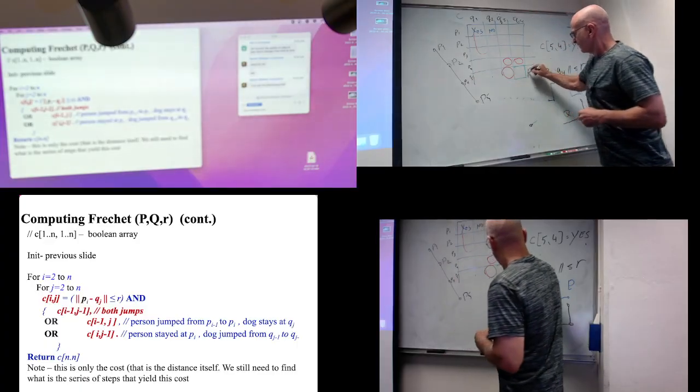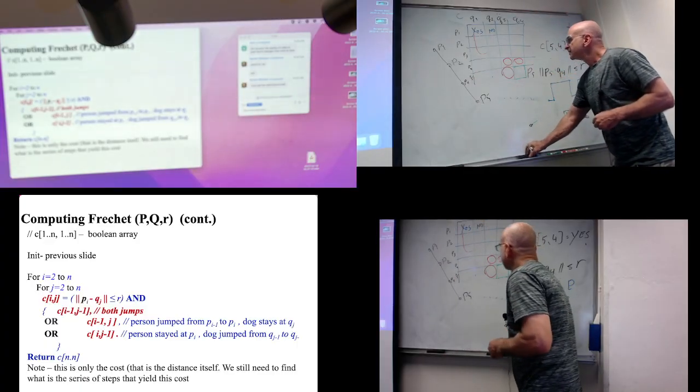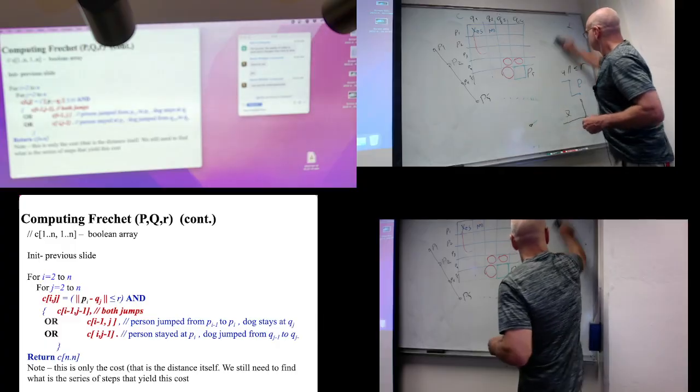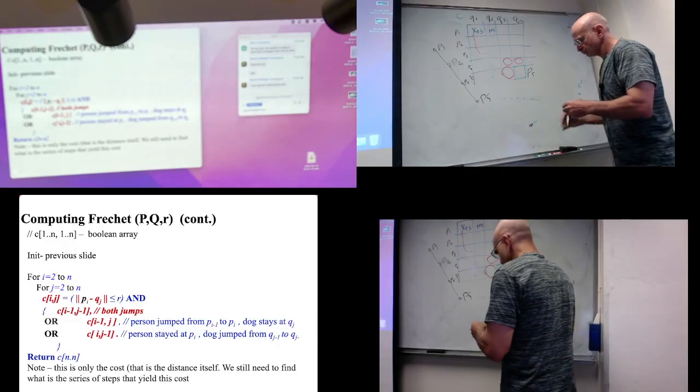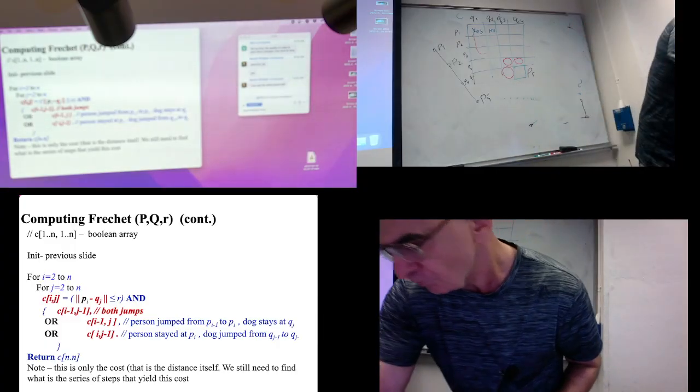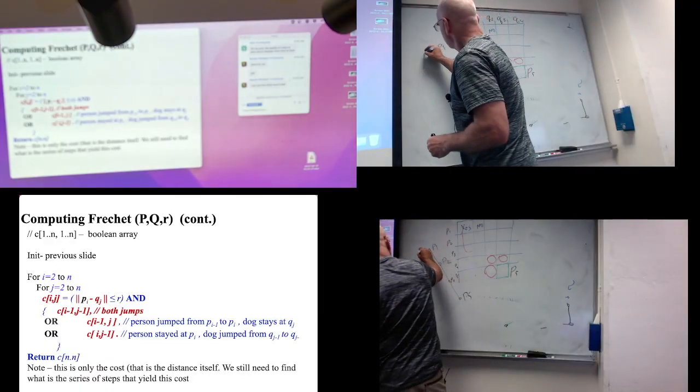P5, this row is P5, sorry. Just a quick sanity check.